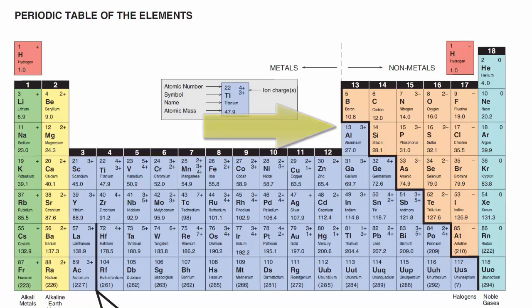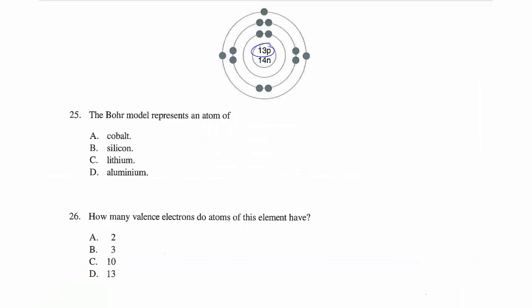Of course you could come up with the same answer by just counting the number of electrons, because this is a neutral atom. You will see you have 2 in the first shell, 8 in the second, and that leaves those 3 in the outer shell. It is, lo and behold, aluminum.